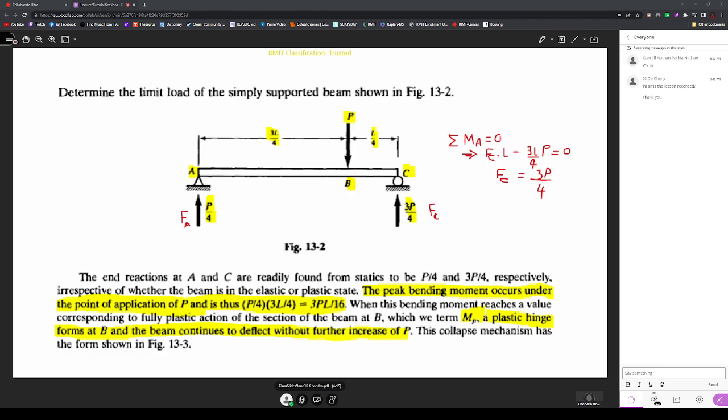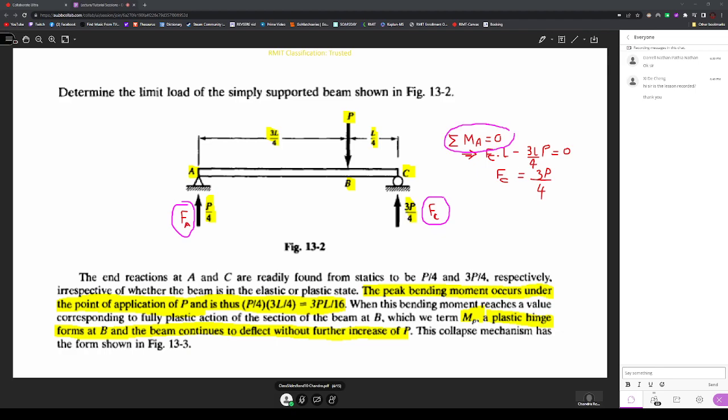Now, we draw the free body diagram for this. So due to the load P at point B, we expect the reactionary forces acting at point A, which we call FA, and at point C, we call it FC. So these two reactionary forces are due to the applied load P. We can easily calculate them based on the distances here by summing the moments at A to 0.